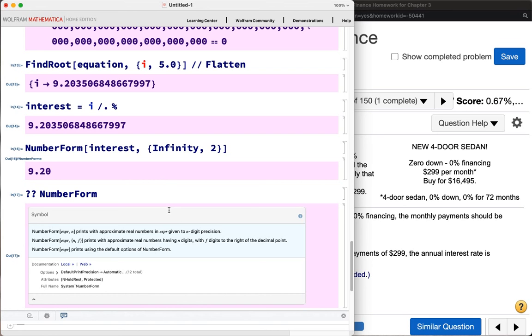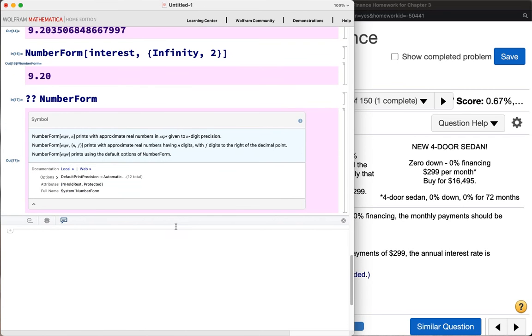Mathematica doesn't have to be impossible to use. I know some of you think it's difficult, but it doesn't have to be that difficult. There are computer programs out there that are much more difficult than Mathematica. It has a reputation for being difficult, but it's really not that bad.